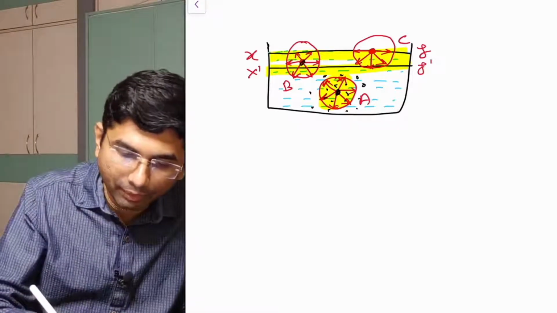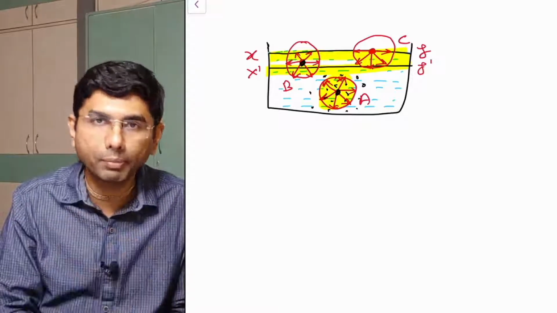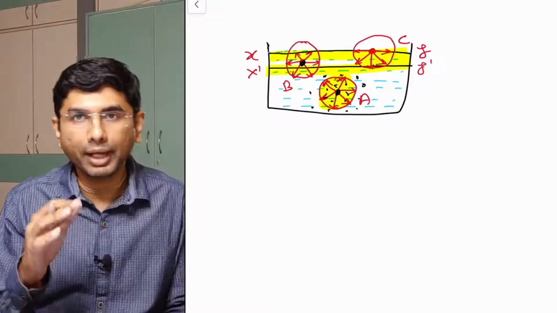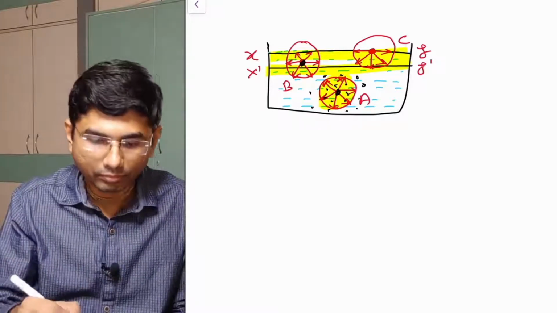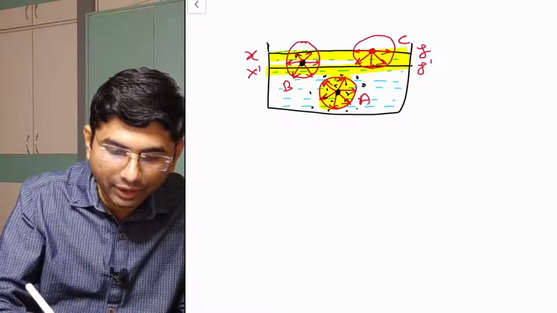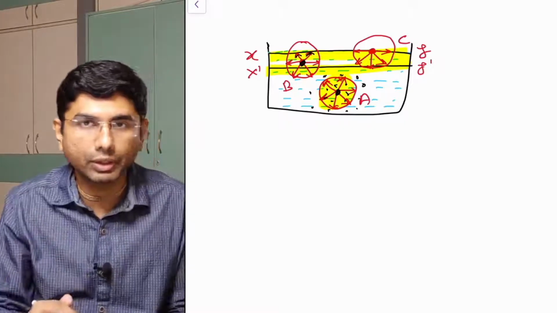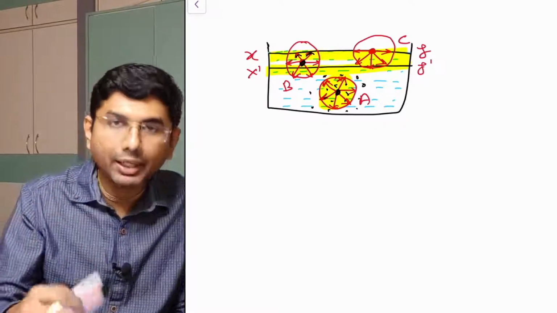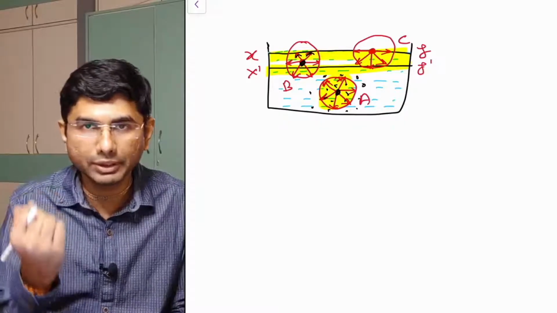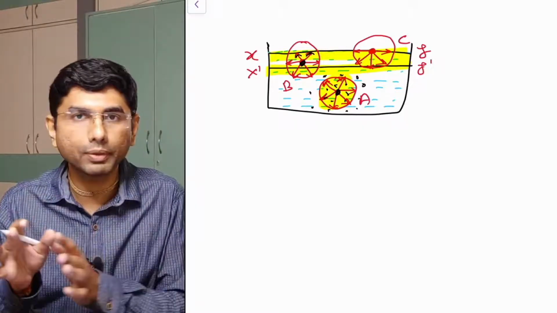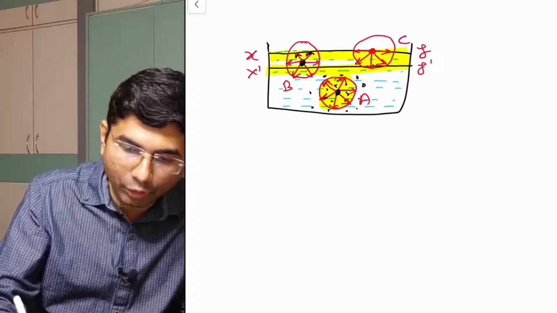But when I see the molecule at point B, the maximum force will be downward, and there is some force which is upward too. But obviously the force which is upward is less than the force which is downward. Because of that, this particle will be getting some pull downward. The force of cohesion will be more in the downward direction.